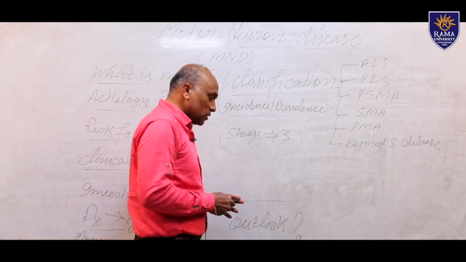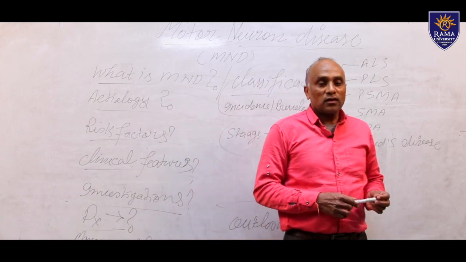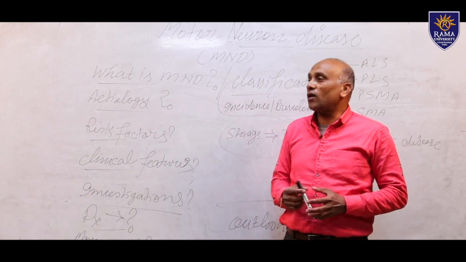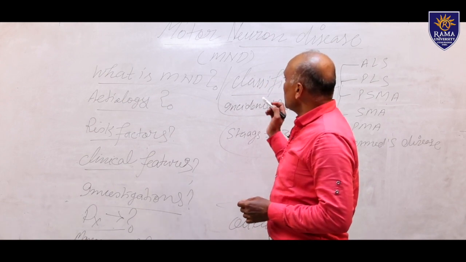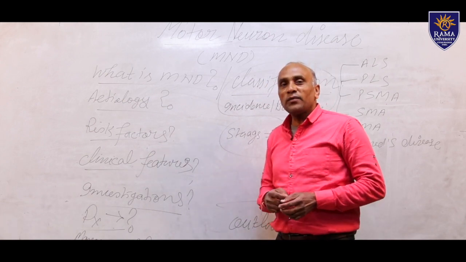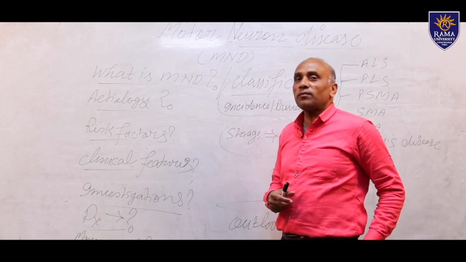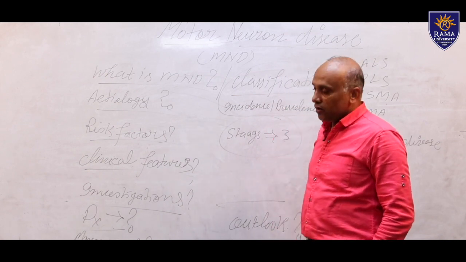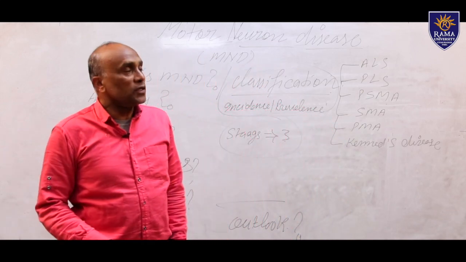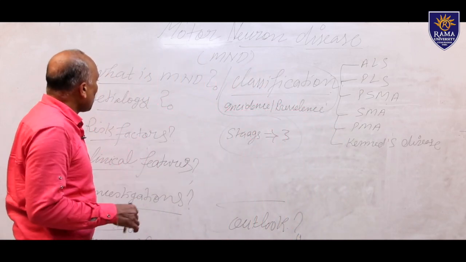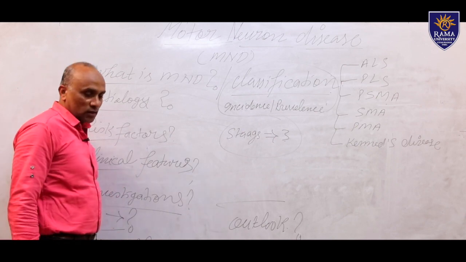Why is it called motor neuron disease? Because it involves the upper motor neuron, sometimes the lower motor neuron, or even both types of motor neurons. So what is the etiology?